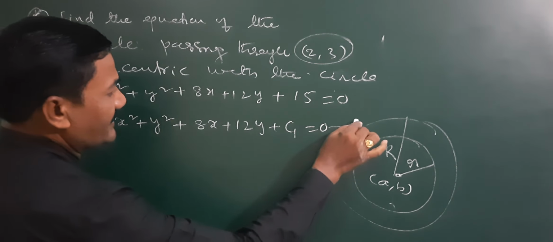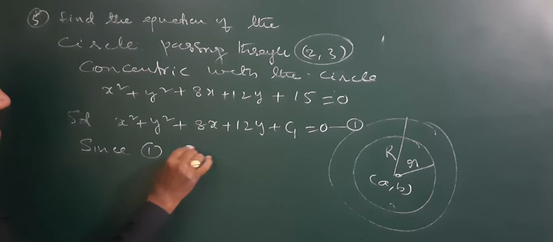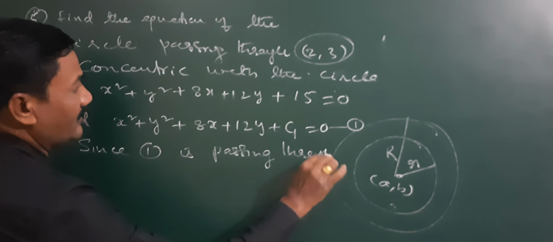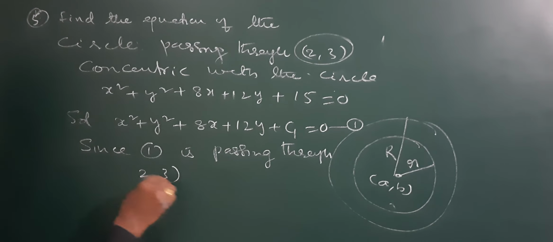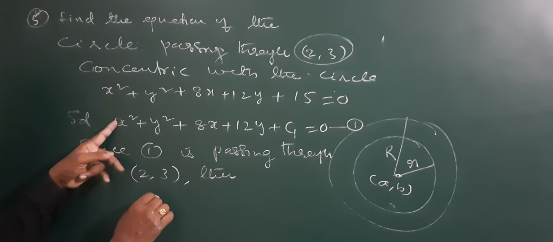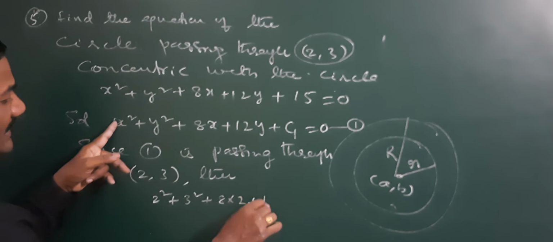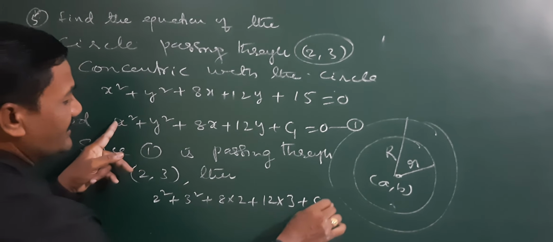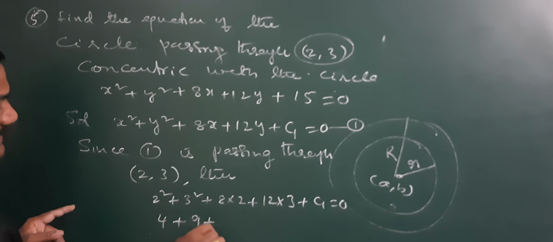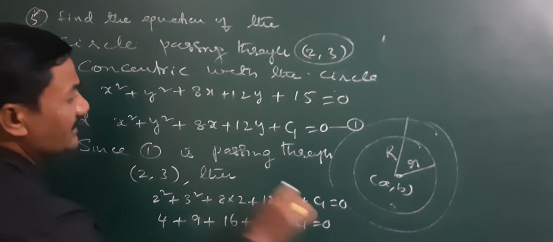So this is the equation of the required circle. Since it is passing through 2 comma 3, immediately x is replaced by 2 and y is replaced by 3. That is 2 square plus 3 square plus 8 into 2 plus 12 into 3 plus c1 is equal to 0. That is 4 plus 9 plus 16 plus 36 plus c1 is equal to 0.